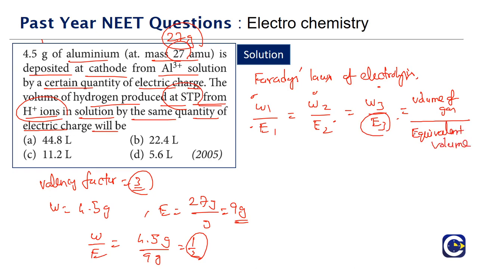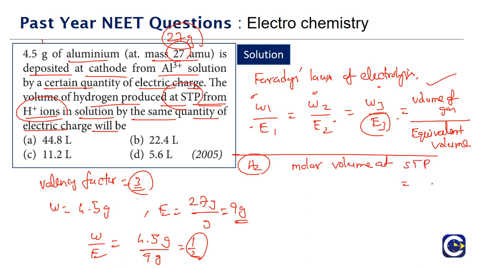For substances measured in terms of mass, the ratio taken is weight by equivalent weight. For gases, we take the ratio of volume of the gas by equivalent volume of the gas. Now what do you mean by equivalent volume of the gas? We know for any gas, whether it is H2 or any other gas, the molar volume at STP conditions, meaning the volume occupied by 1 mole, is the standard 22.4 liters.